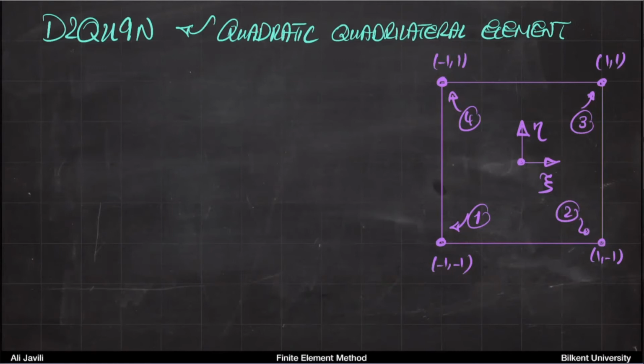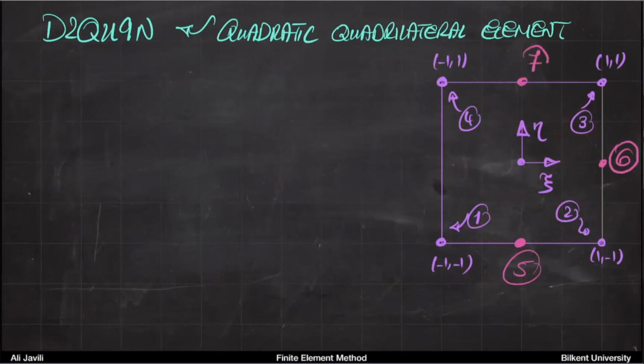So see, we don't want to change the numbering of the corner nodes. So we still call this 1, 2, 3, and 4. And by the way, we always go counterclockwise. Now, node 5 would be your new node here. This is node 5. This is node 6. This is node 7.